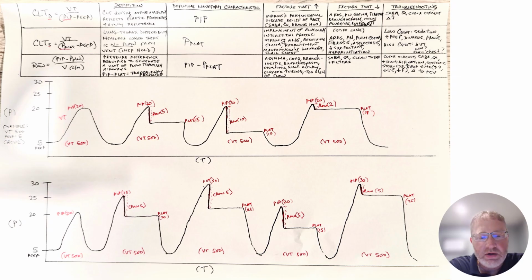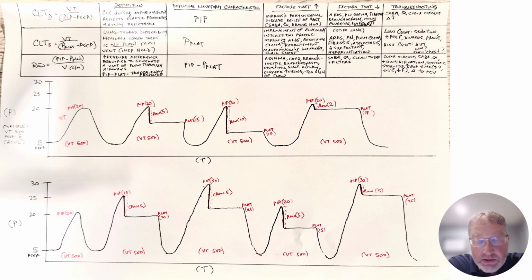Because it contains everything, including resistance of the circuit and all that stuff, you take the total pressure, so peak inspiratory pressure, or the PIP. So dynamic compliance is tidal volume divided by the difference between PIP and PEEP, or your drive pressure. The defining waveform characteristic is the PIP. So dynamic compliance, PIP.